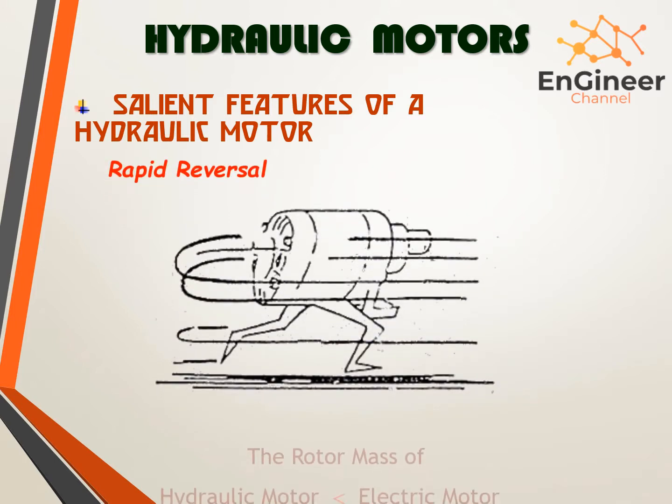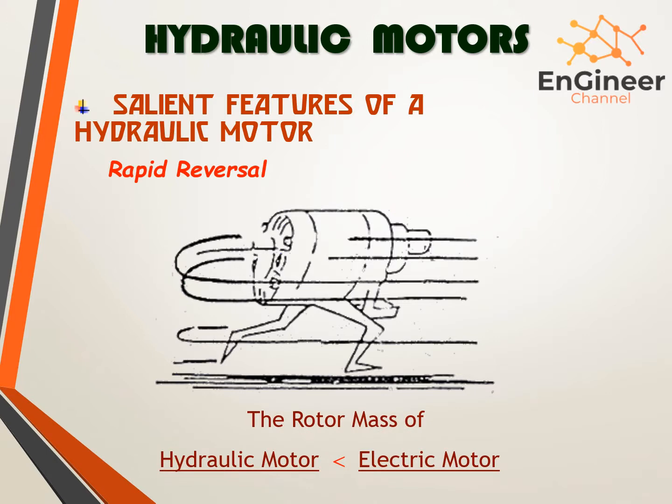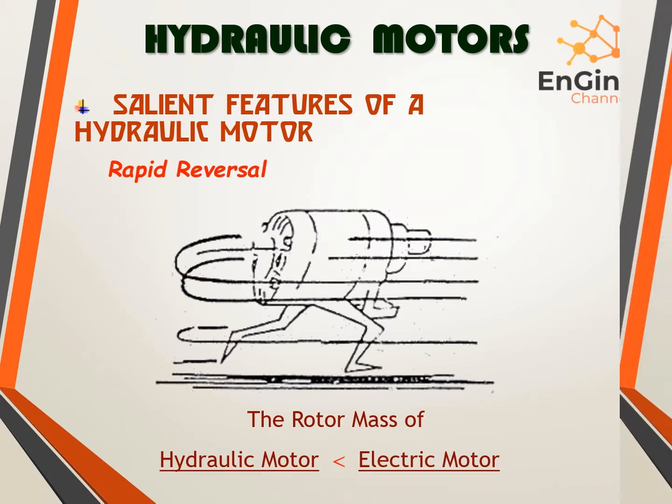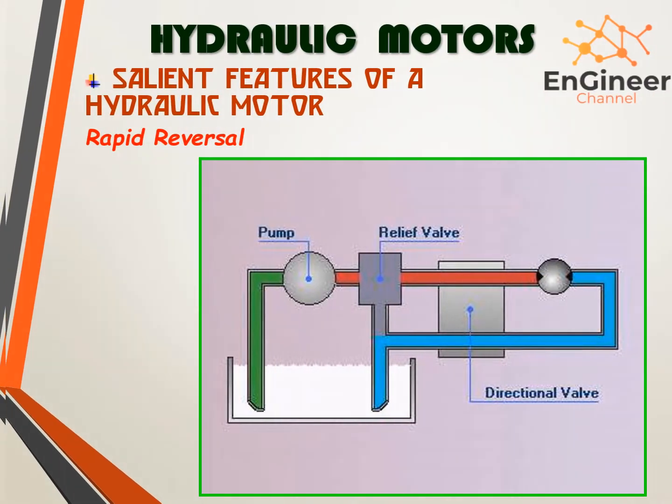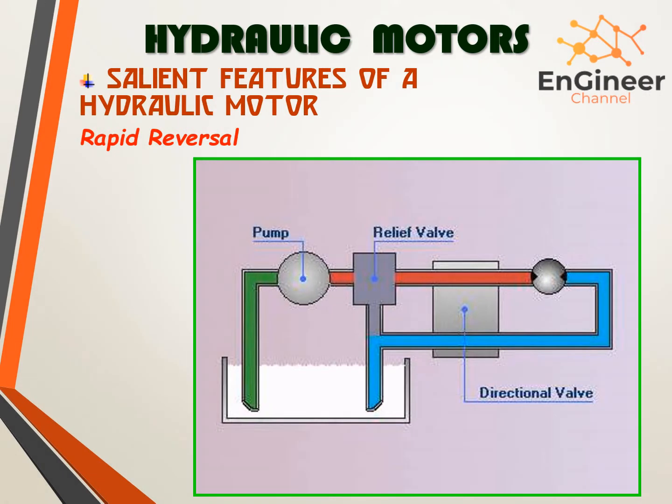The rapid reversal: the mass of a hydraulic motor is less than an electric motor. This is a rapid reversal.